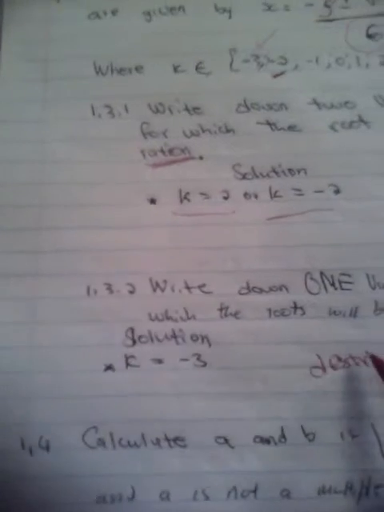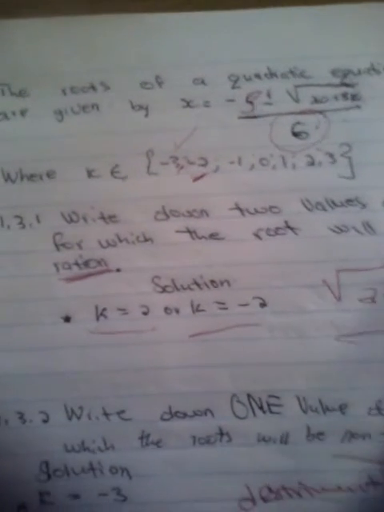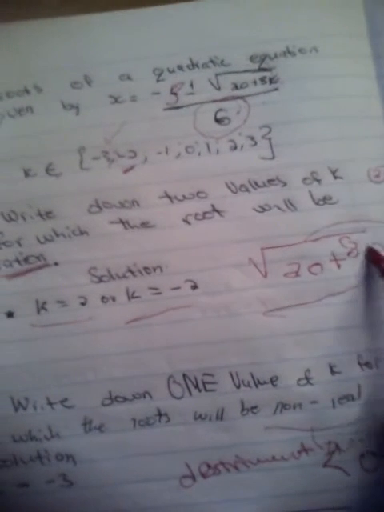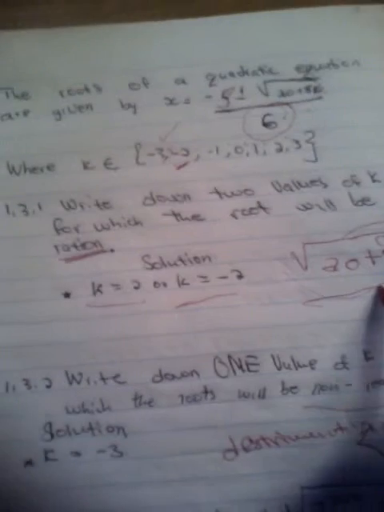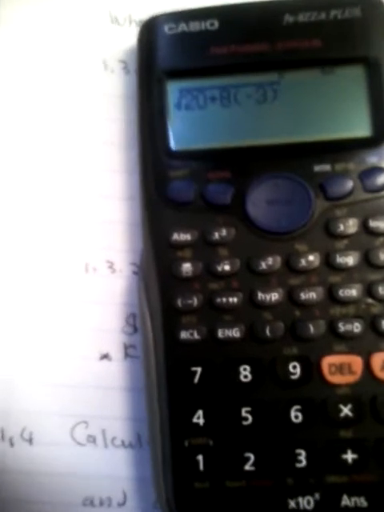Substitute negative 3 on the discriminant. You will see that you will not get the answer for this. You find an undefined value. Let's check. 20 plus 8 times negative 3, close the brackets.